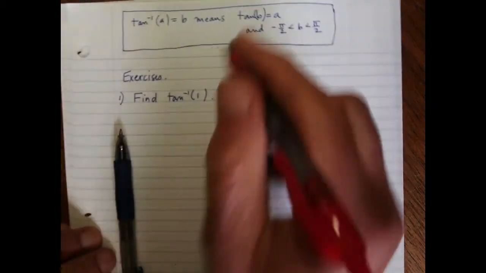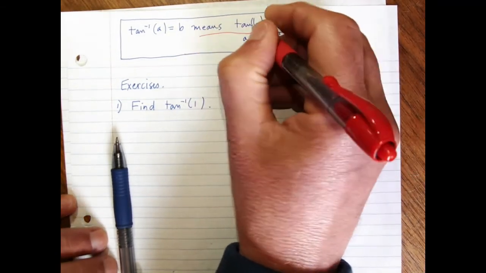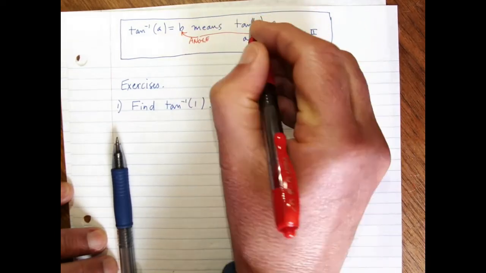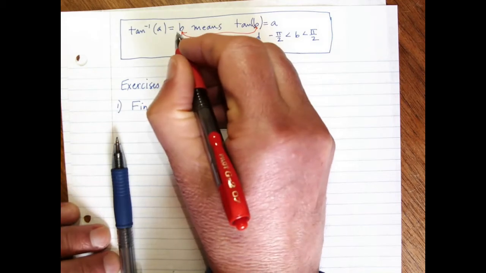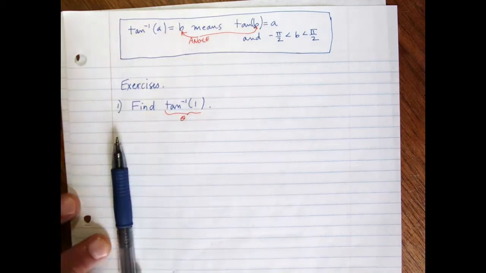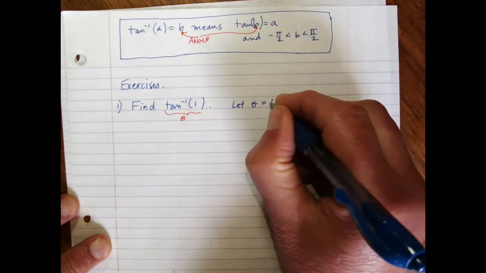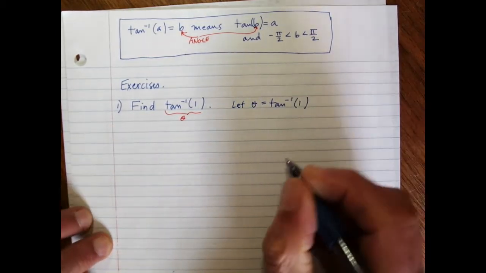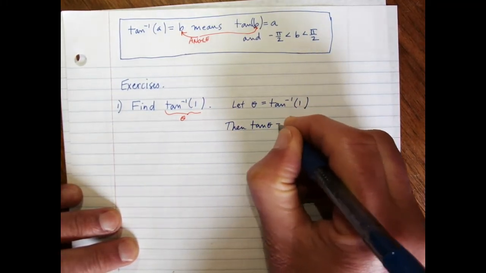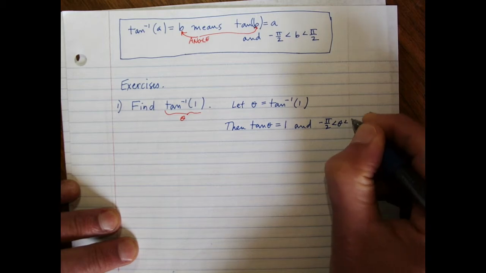This again, I just want to remind you, like I did with inverse sine and cosine, the role of B here and here is like an angle. Just like the input for the tangent we think of as an angle, the output for the inverse tangent is an angle. So I can call this theta. We're looking for an angle value. Let theta equal tan inverse of 1. Then tangent of theta is 1, and theta is between negative pi over 2 and pi over 2.